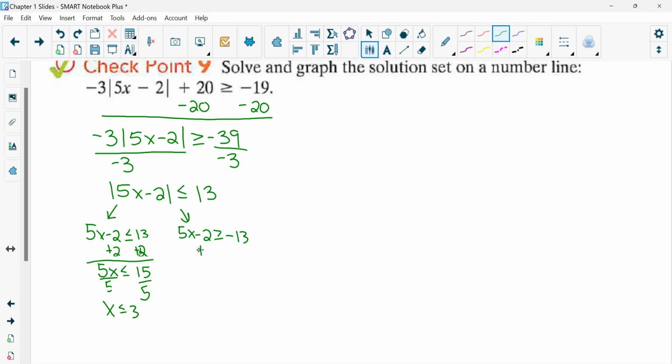And then when we add 2, that would give us -11. And we divide by 5. X is greater than or equal to -11 fifths.